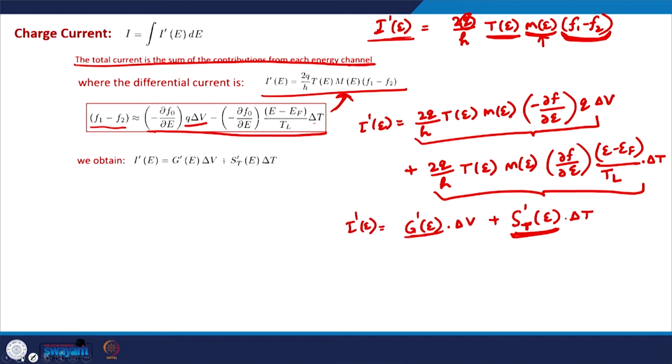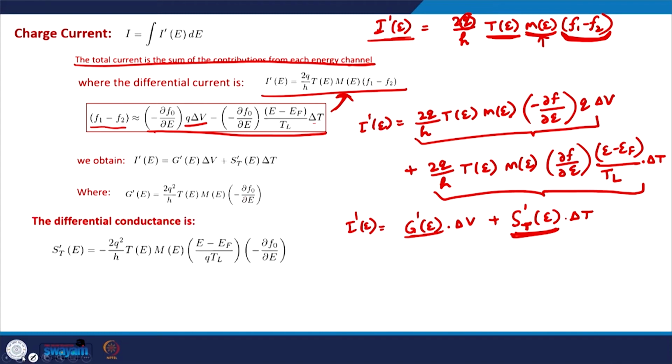So in order to calculate the total current, this G prime E will be 2q square by h Te Me into minus del F by del E, and this electrothermal conductance is St prime is minus 2q square by h Te Me E minus Ef TL dE.